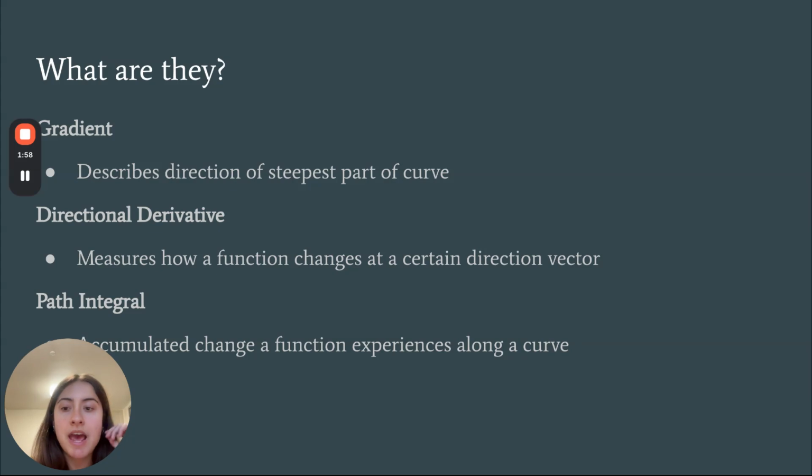So instead of just analyzing change at one point, the path integral captures the total change over a continuous period or motion.